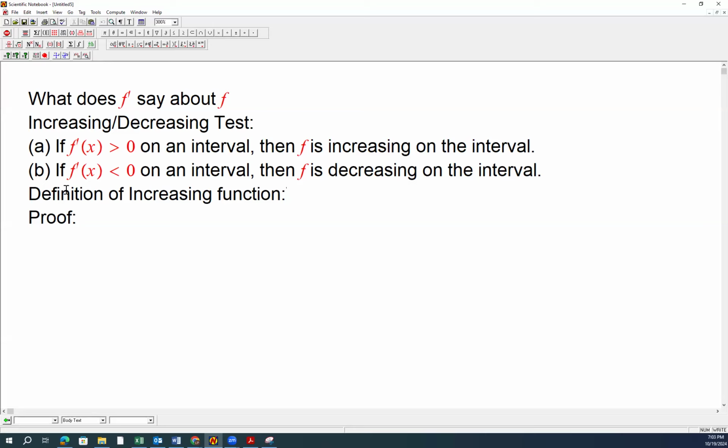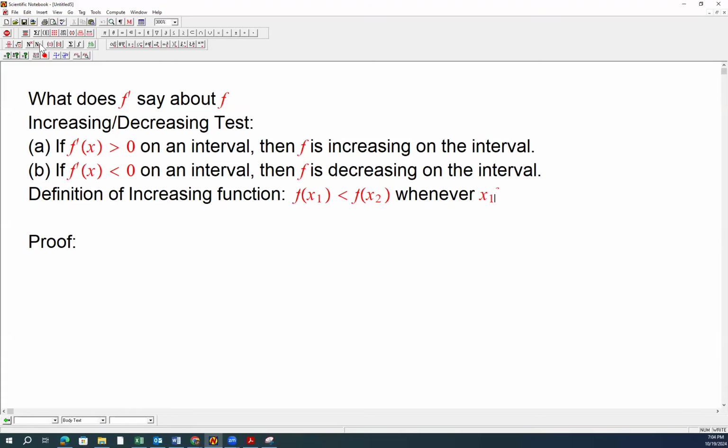The definition is: f of x1, where x1 is an input, is less than f of x2, where x2 is an input, whenever x1 is less than x2.